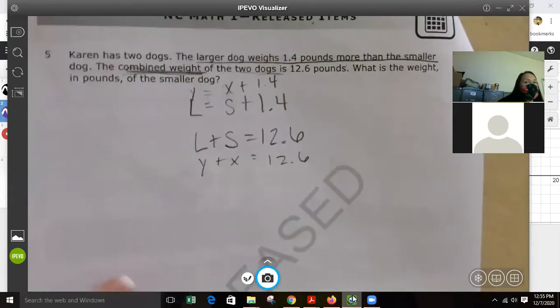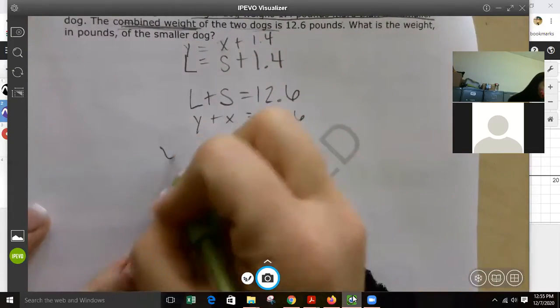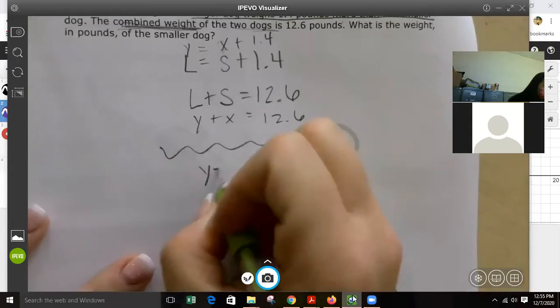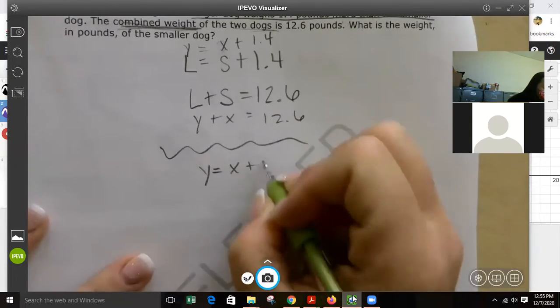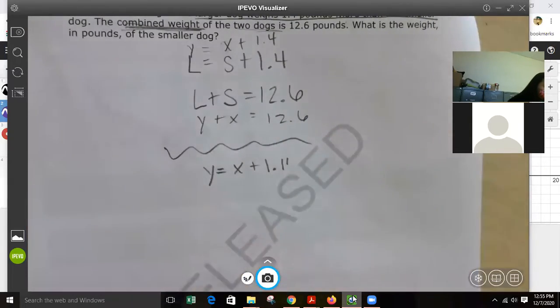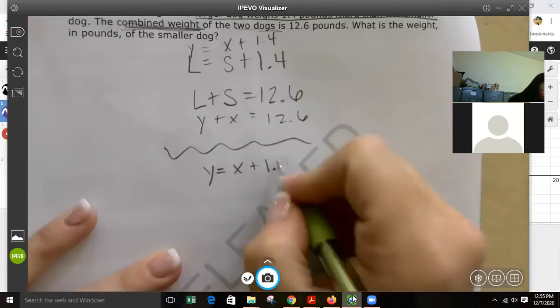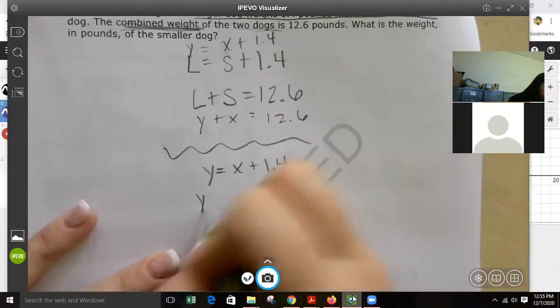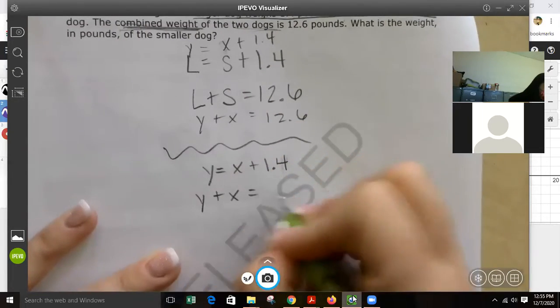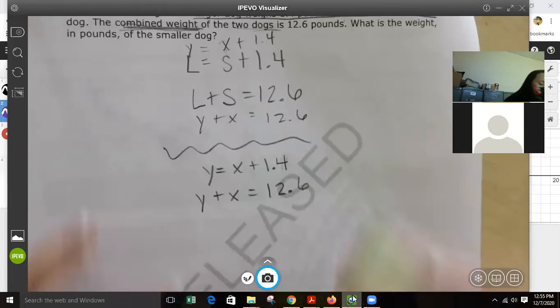So I'm going to rewrite those equations so you can see them nicely. So in Desmos, large equals small plus 1.4, large plus small equals 12.6. Okay.